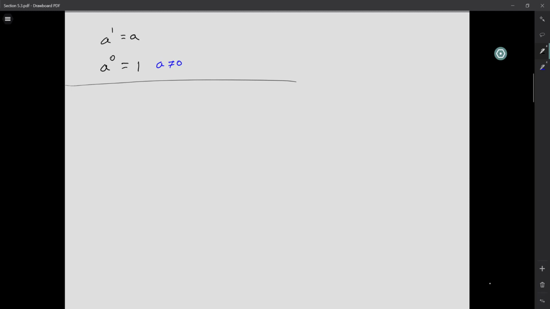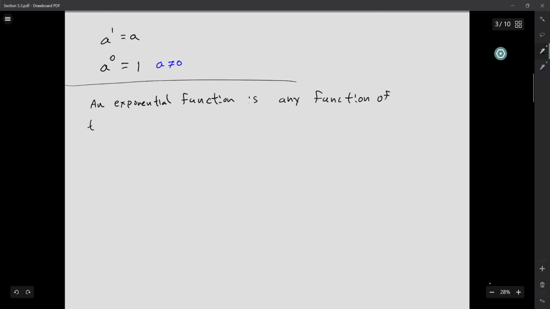So with all that out of the way, an exponential function is any function of the form f of x equals c a to the power of x.